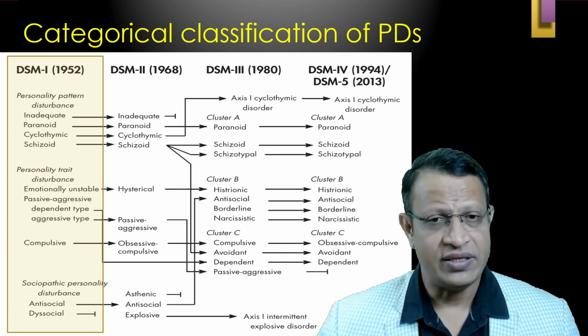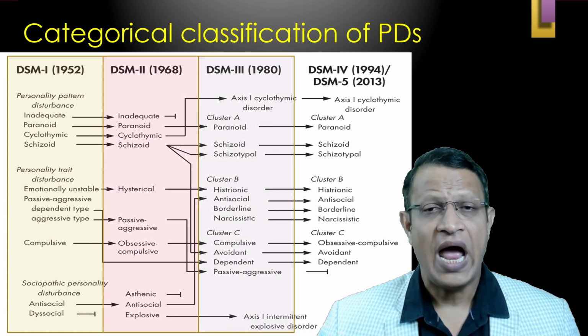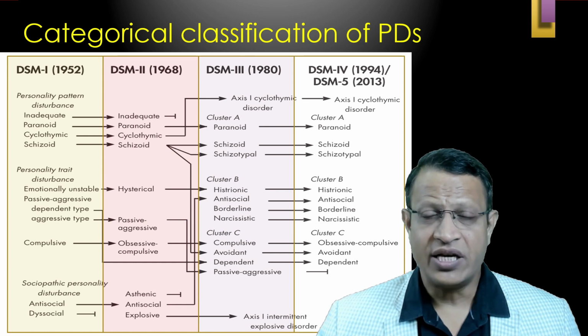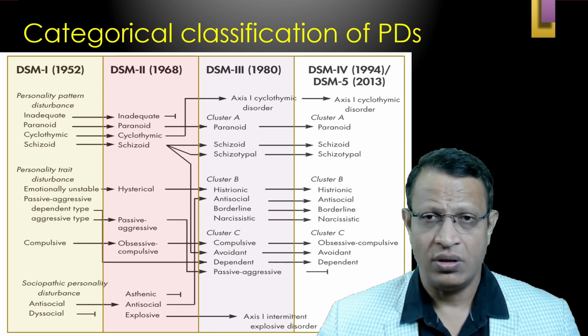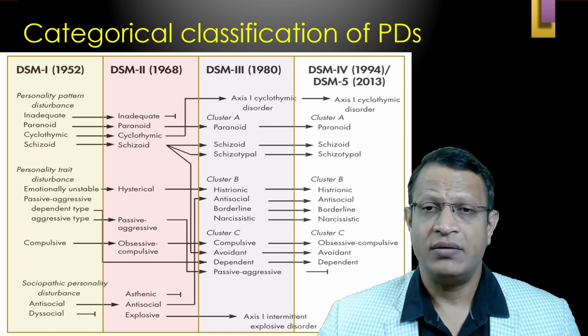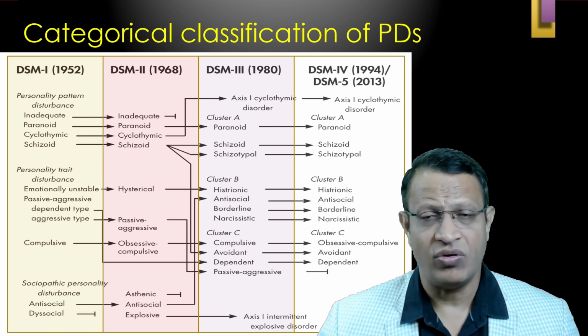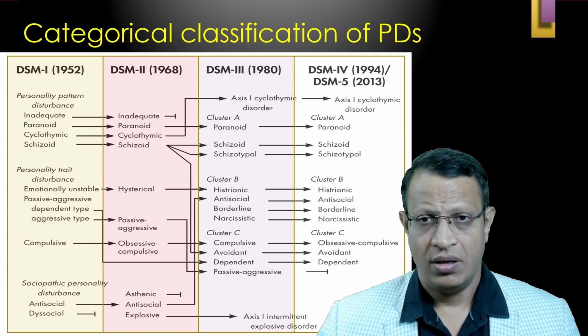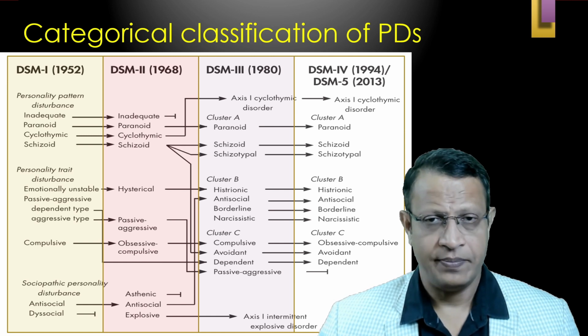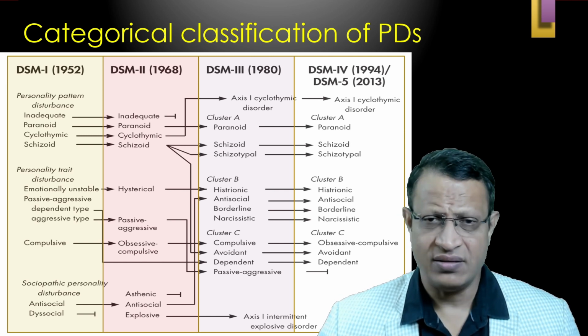Further, in DSM-2, DSM-3, and even in DSM-5, the categorical model of personality disorder is retained. Here, the presence and absence of symptoms will be considered mainly. However, one needs to understand this.